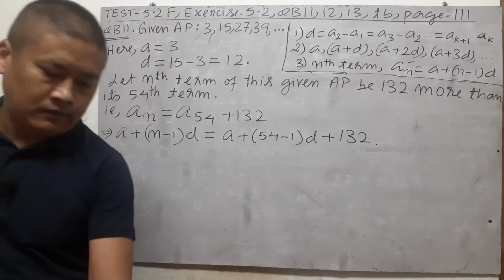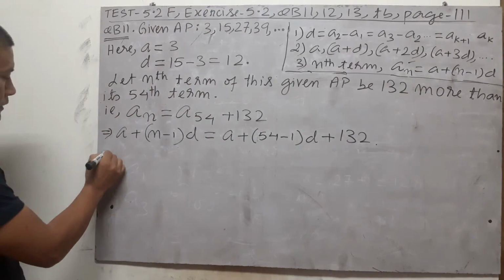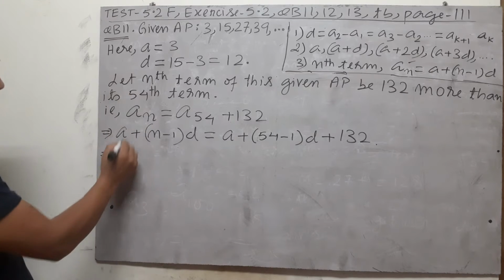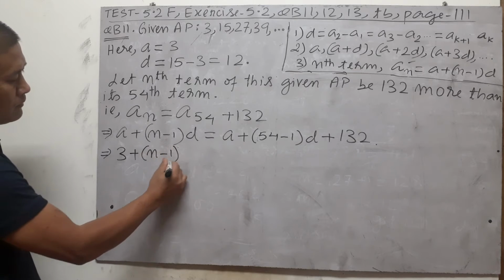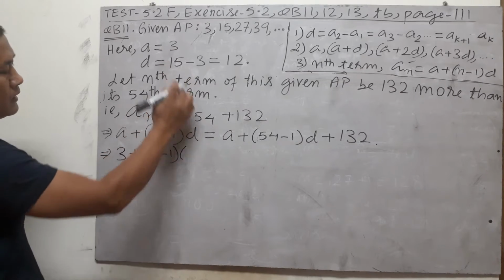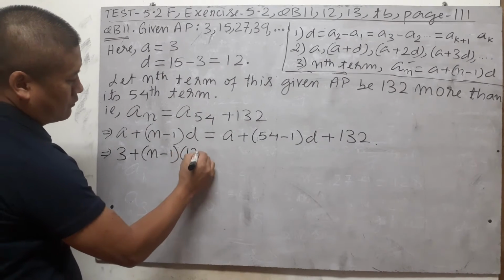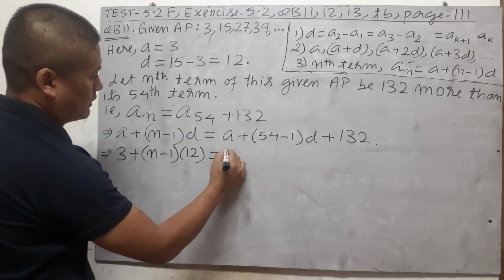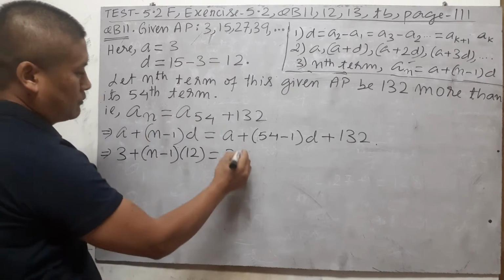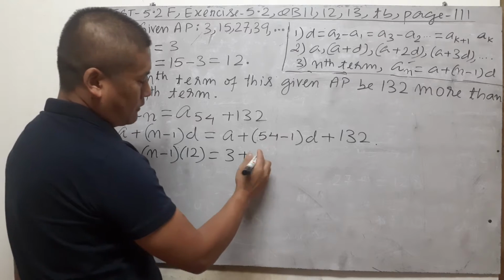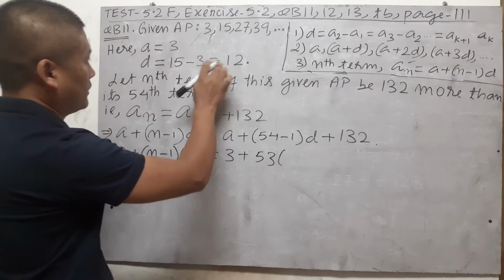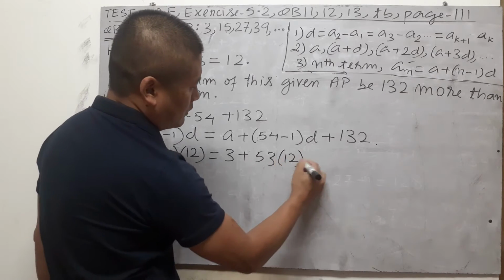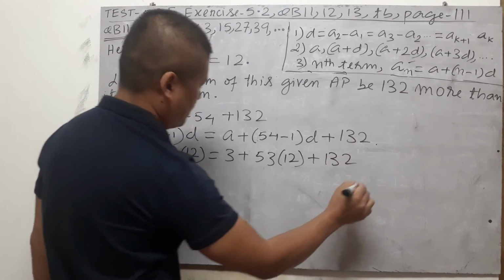It's clear, right? So here we have the value for a, so we may put it as well: a is 3, plus n minus 1 into d, d is 12, and for a54, we have first term 3 plus 54 minus 1, which is 53, into d value 12, plus 132.